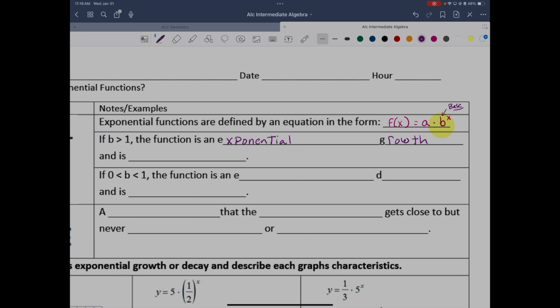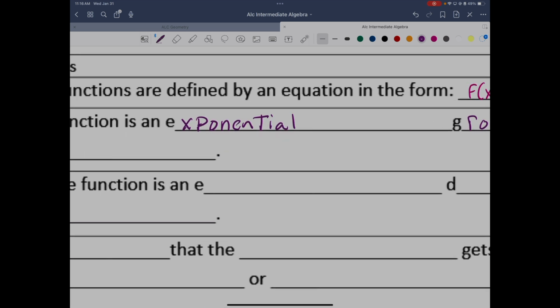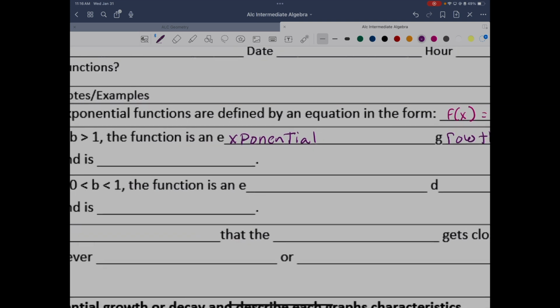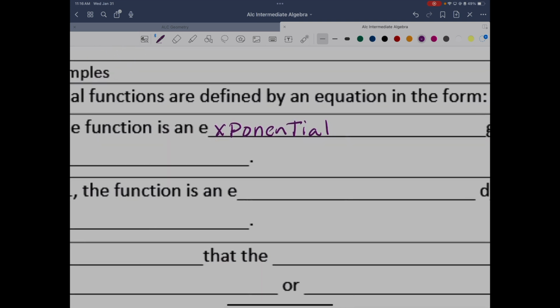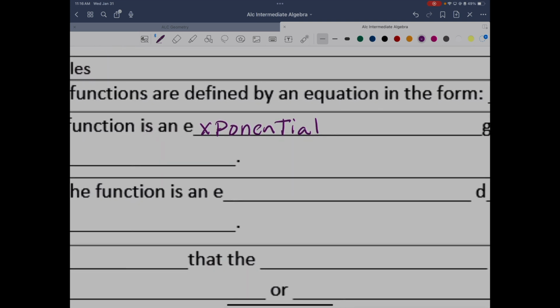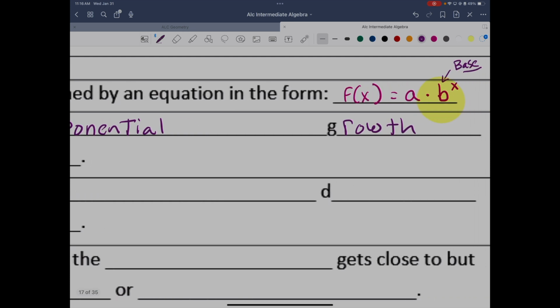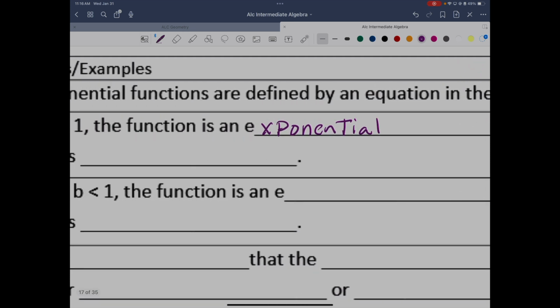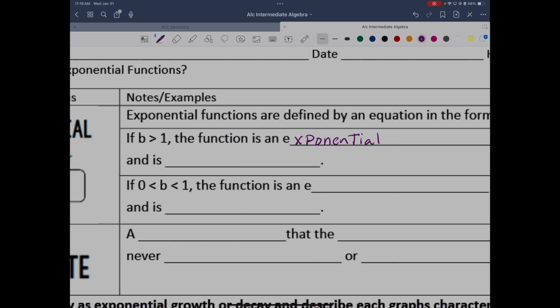So if b is greater than 1, the function is an exponential growth function and is essentially growing. We'll put it in different terms: it's going up.